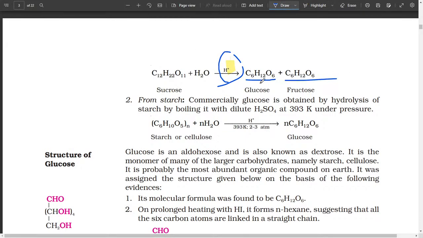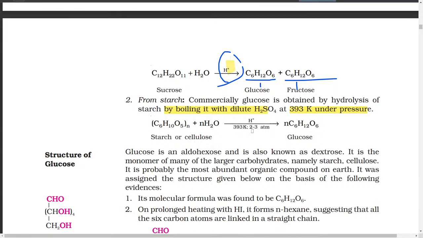This is glucose and this is fructose. From starch: commercially, glucose is obtained by hydrolysis of starch by boiling it with dilute H2SO4 at 393 K under pressure. (C6H10O5)n plus nH2O, with H+ at 393 K and 2 to 3 atm, gives nC6H12O6, glucose.